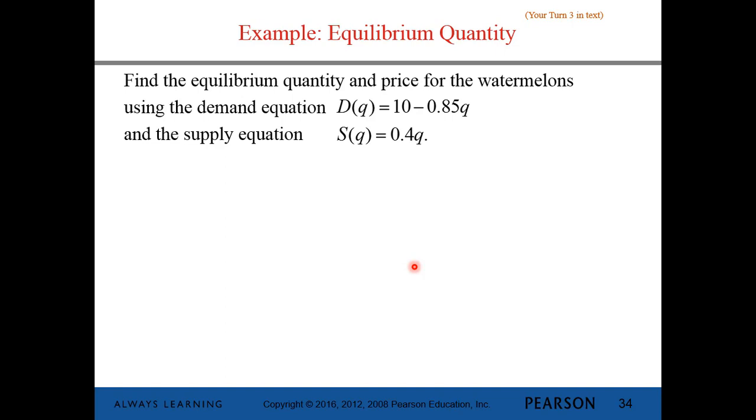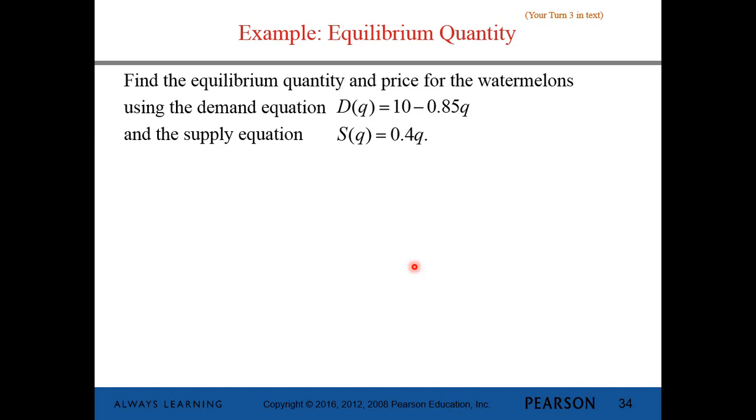In economics, if the demand is higher than the supply at a particular price, then you're going to have a shortage, in this case a shortage of watermelons. And what is that going to do for the price? Well, it's going to affect price. Price is going to start to increase.